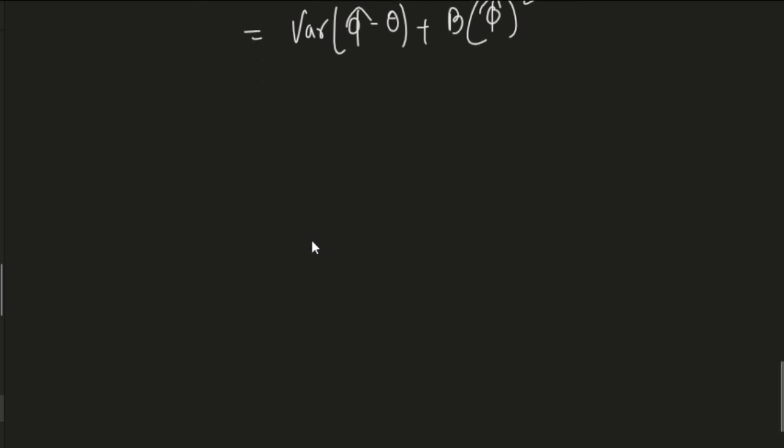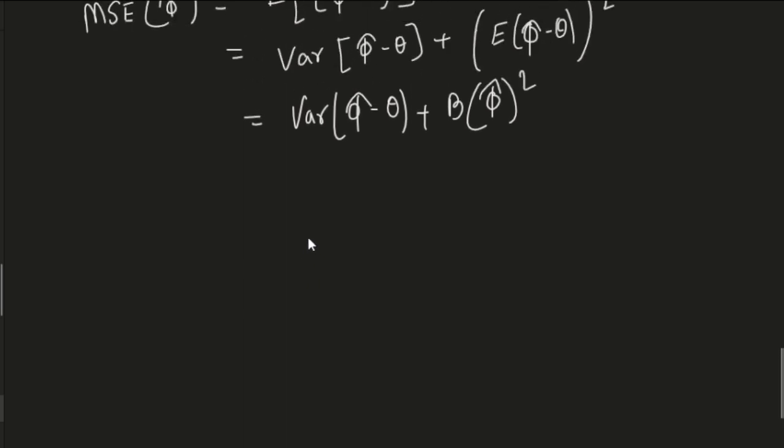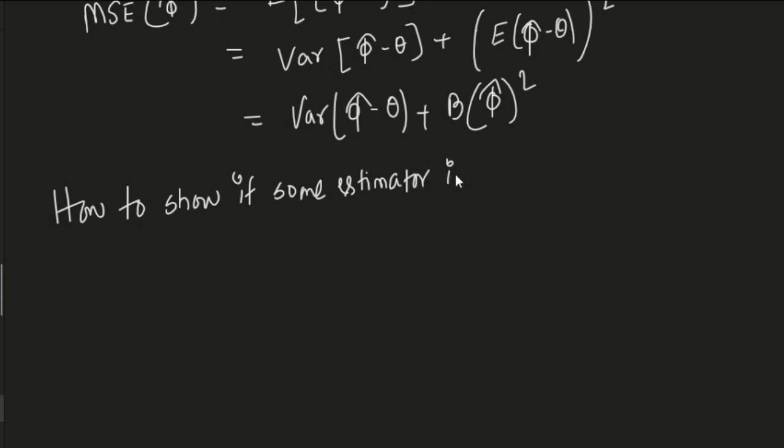Now, here comes an important property for showing something is a consistent estimator. So our topic is how to show if some estimator is consistent, right?